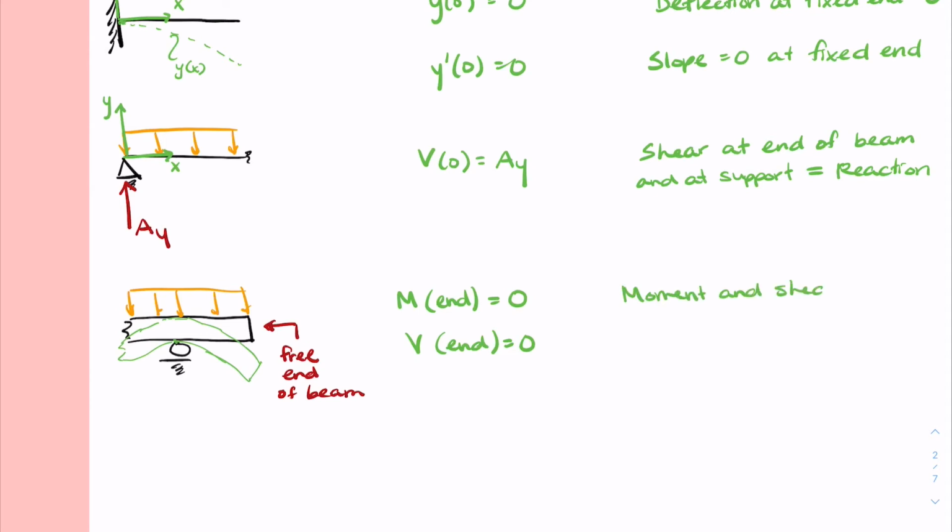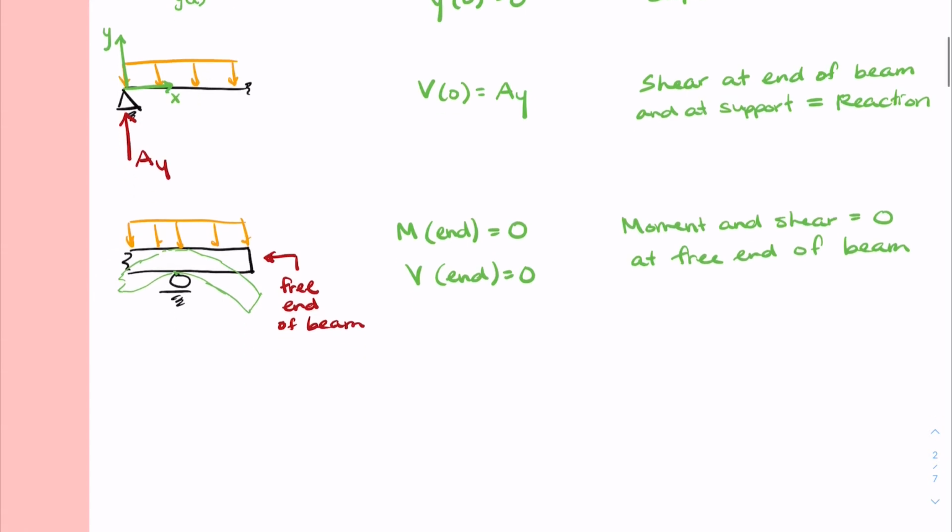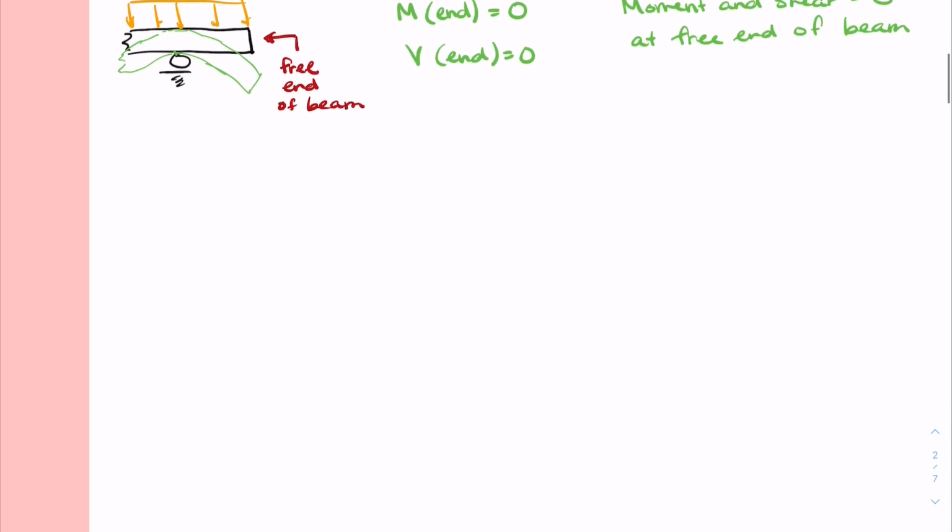And so if there's no support reaction or any kind of external forces at that point to get us to 0, then we know the shear and the moment has to be 0 at the free end of that beam. So that's another boundary condition we can use as we're solving these problems to solve for the shape of the bending deflection, the elastic curve of the beam.